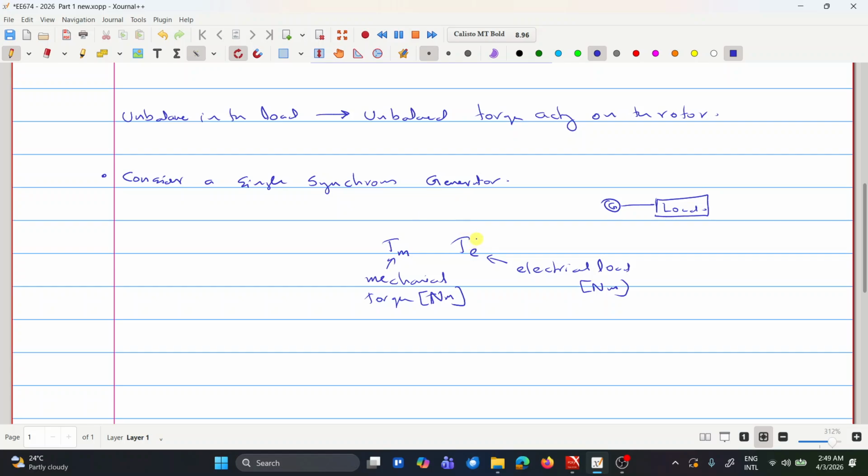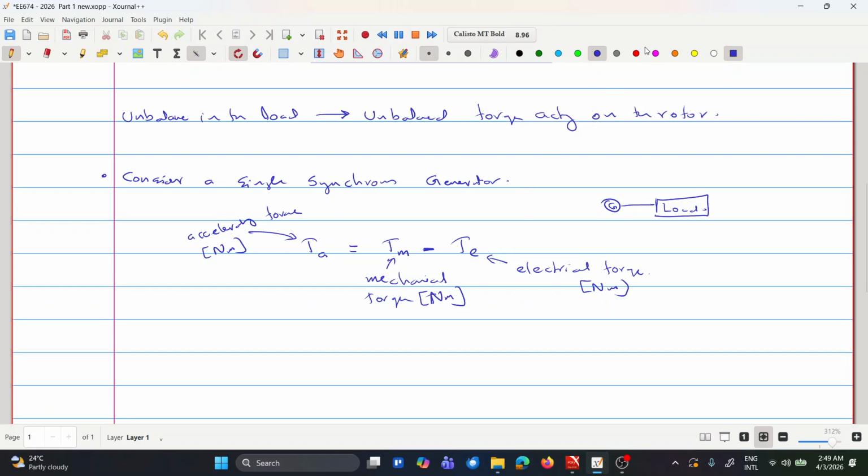The difference between this mechanical torque and the electrical torque will create the accelerating torque in the machine, right?